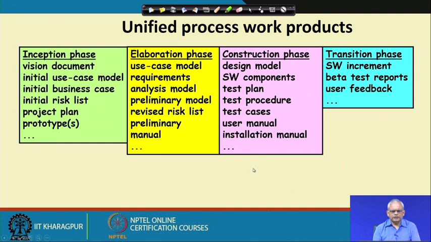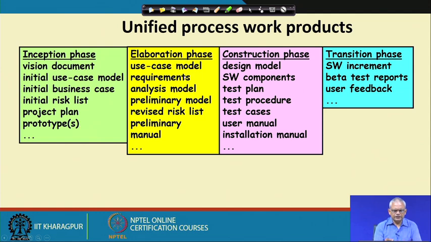Now, let us see what the output of every phase is. In the inception phase, the initial use case model, that is the features, the business case, risk list, project plan. These are the planning documents, and any prototype.